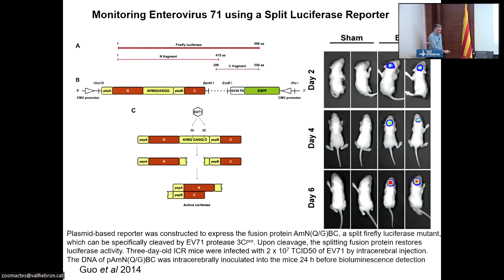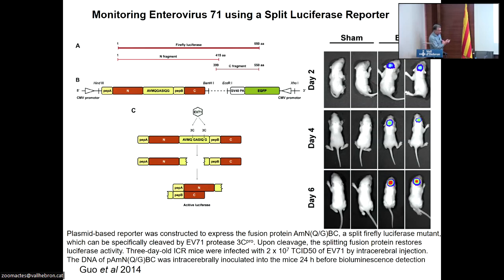But if you don't want to use a transgenic animal and you can't label your virus, there is a way around it. And this is a very clever study that was published in 2014. What they've done here is they've taken a luciferase, but they've split it into the C and the N terminus.